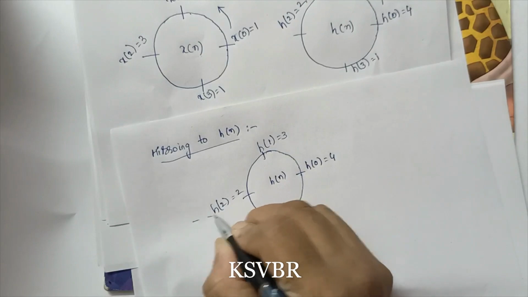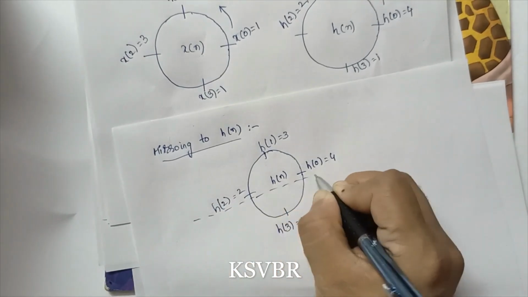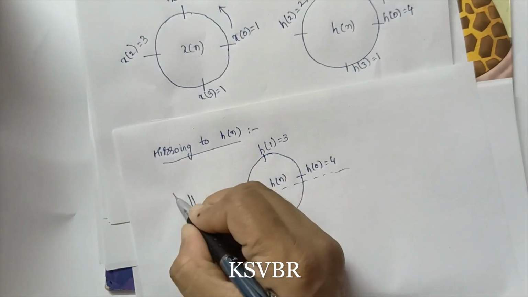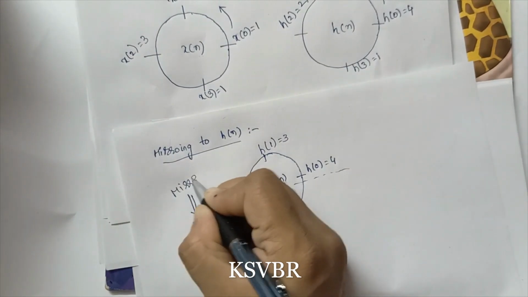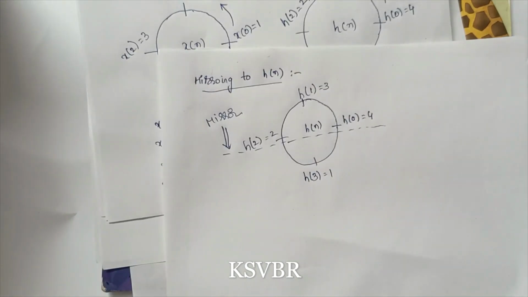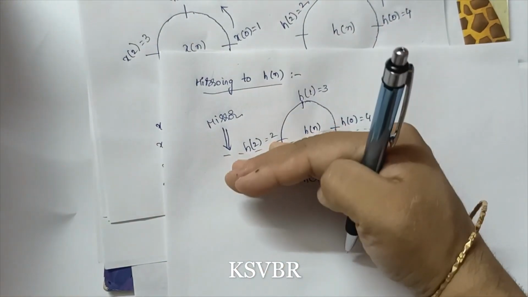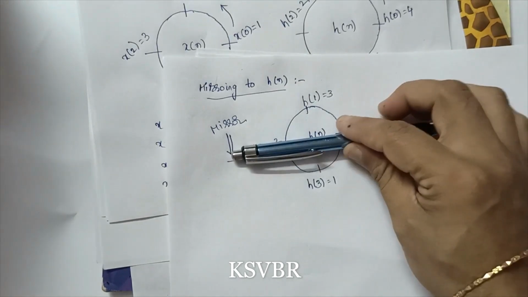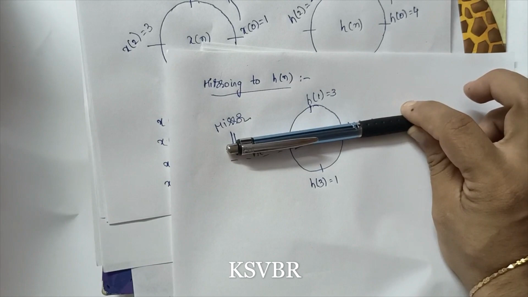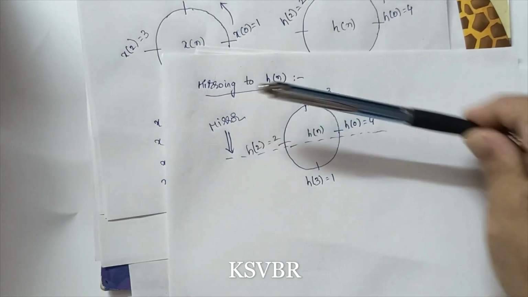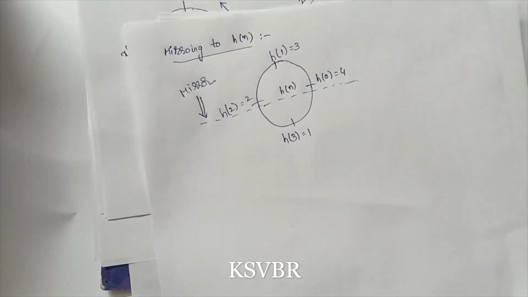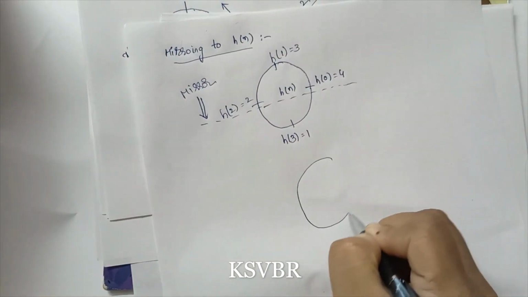Mirror means we have to place them in the horizontal way, like a mirror. If you cut the circle in half horizontally and see it through a mirror, the horizontal points remain the same and the other points get interchanged. The resultant signal will be h of minus n.